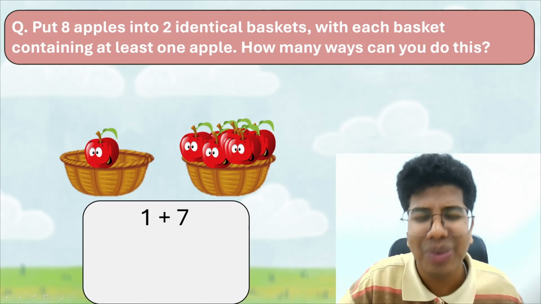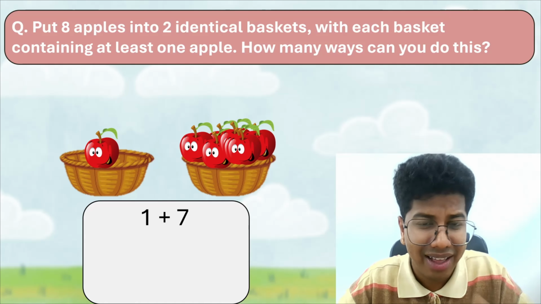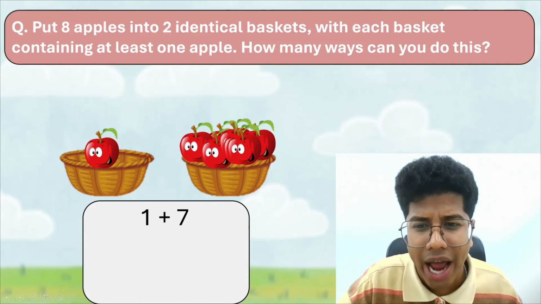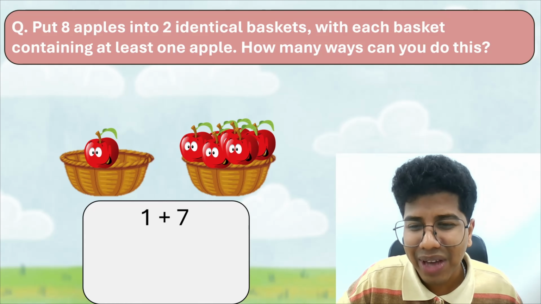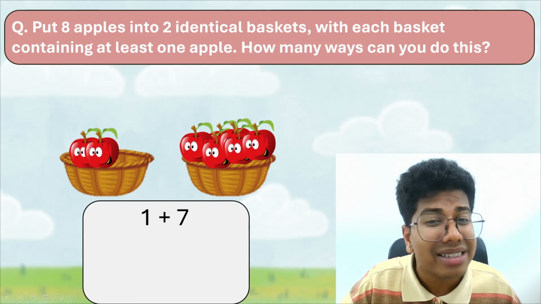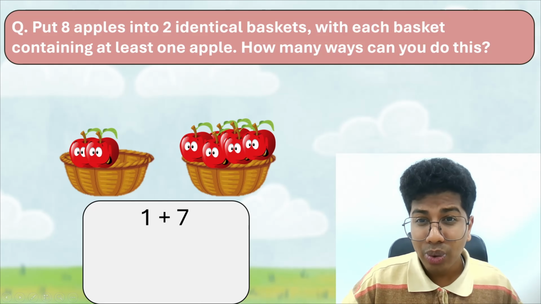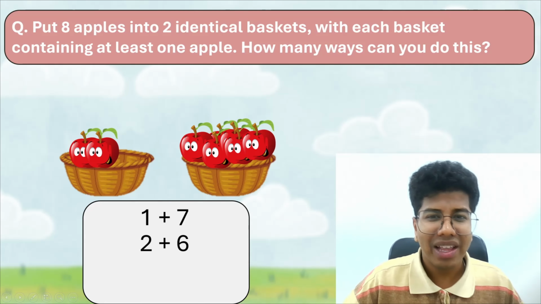So this is the first way. Now the second way, we should do how? Randomly or in order? Order. So after 1, which number should I put? After 1 comes 2. So I'll put 2 here. If 2 is here, what is the remaining number of apples in the second basket? 2, so the remaining is 6. So I'll write down 2 and 6.